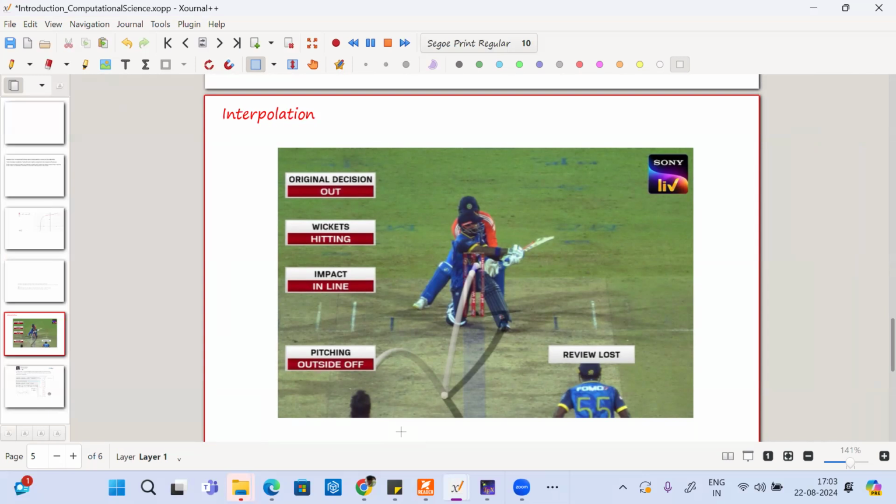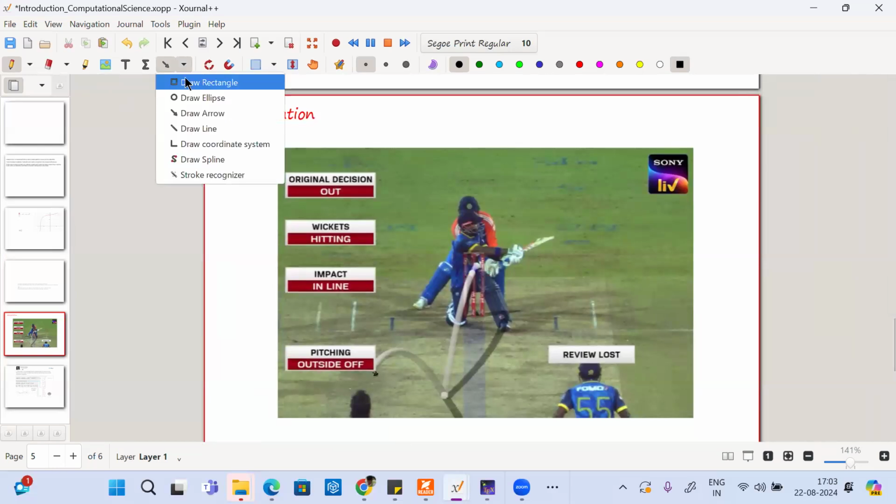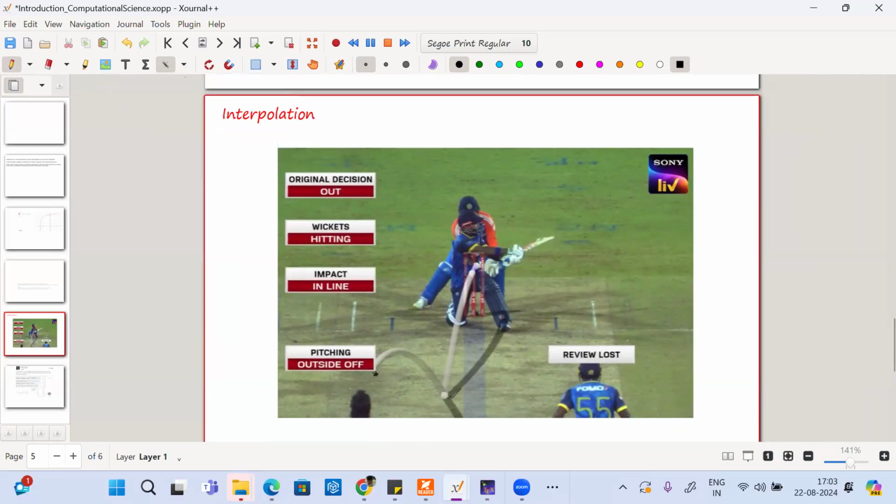So how many points do you know here? There are 4 points in the picture. Can you identify those 4 points? One is this one, one is this one, and the fourth is this. So the first, second, and third you already know. The data you already have. Based on these data, 1, 2, and 3, you want to predict where this point will go ahead.